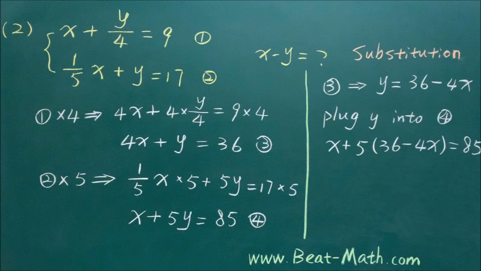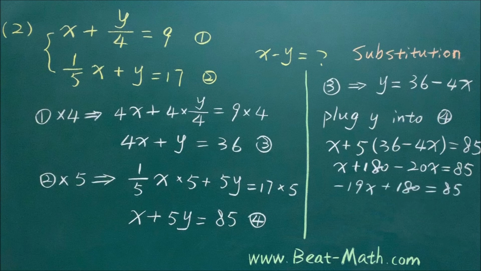5 times 36 equals 180, and 5 times 4x equals 20x. And then x minus 20x equals negative 19x. We get negative 19x plus 180 equals 85. Move negative 19x to the right side and get positive 19x.